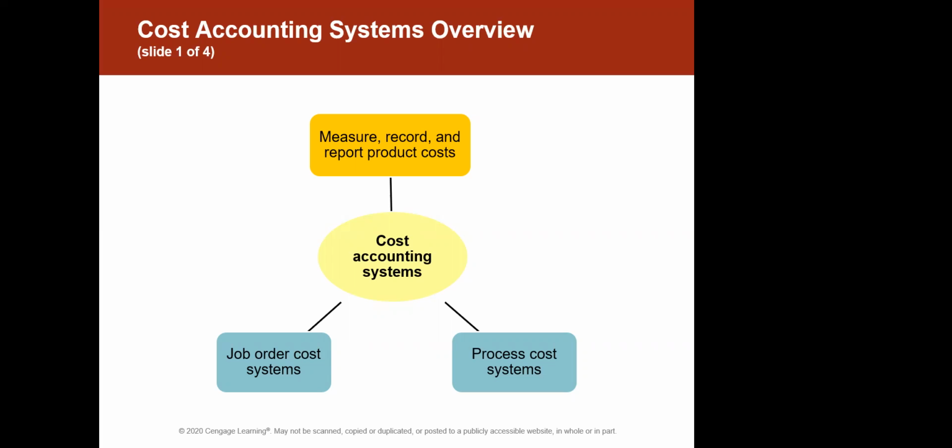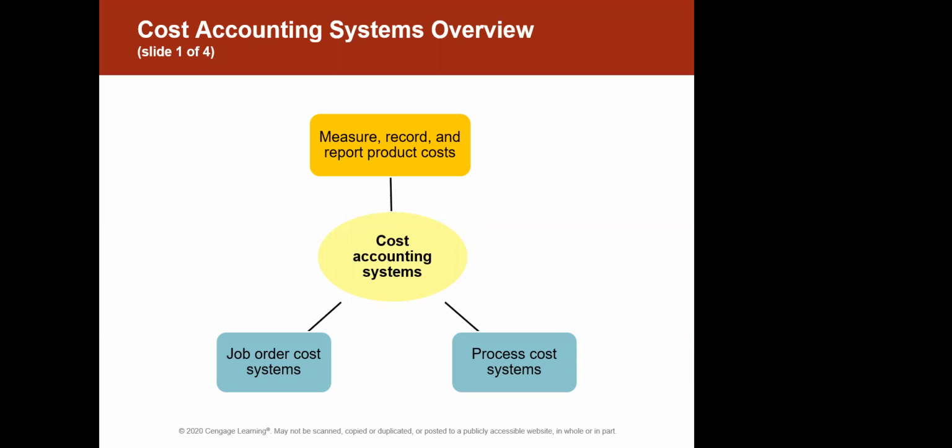In a job order system, which is usually used for businesses who do special orders, like they don't build stuff until they get an order from somebody. And this could be anything from like a furniture company or construction companies that are building a house for someone. What they do is they measure their costs by the job or by the order, okay? So it's not that you're doing it in job order, it's job/order costing system. It's either by the job or by the order, okay?